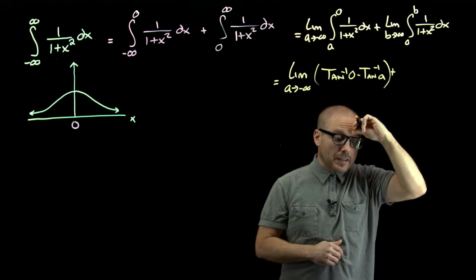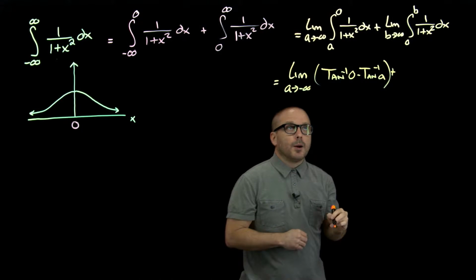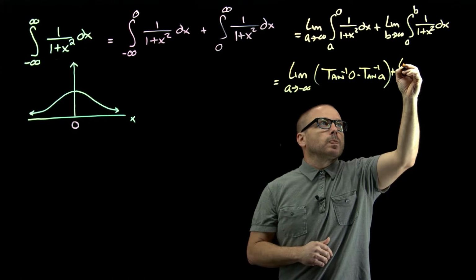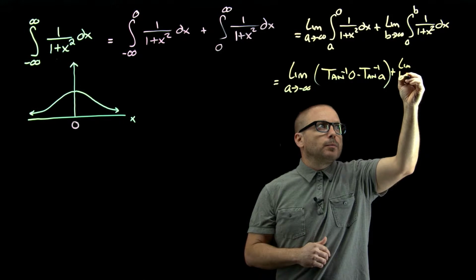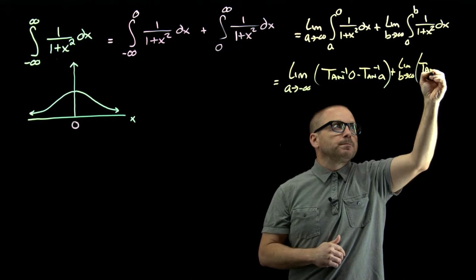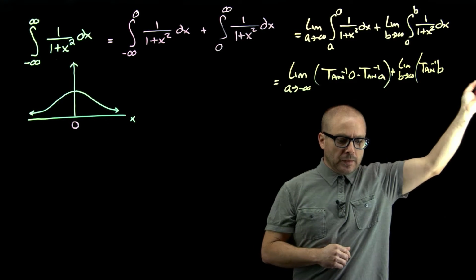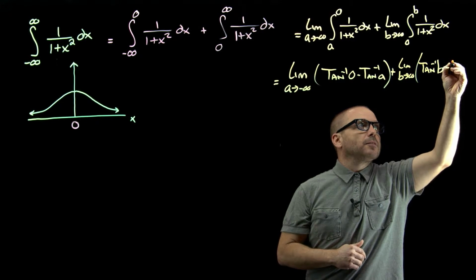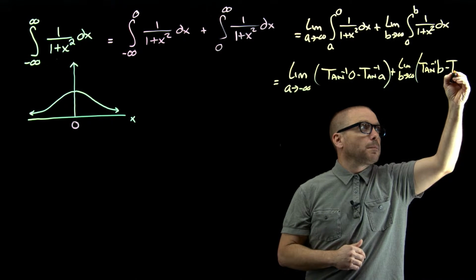And then we're going to add to that the limit as b goes to positive infinity of tan inverse b minus tan inverse 0.